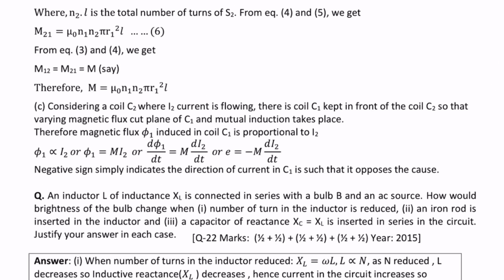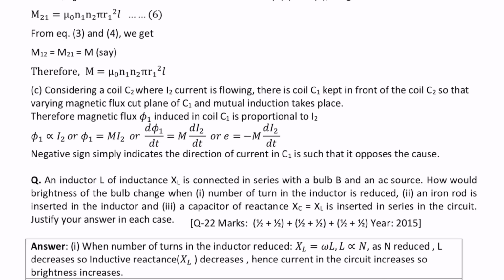Now we are explaining the answer of question number C. Consider a coil C2 where I2 is the current flowing, and there is a coil C1 kept in front of C2, so that varying magnetic flux cuts the plane of C1 and mutual induction takes place.